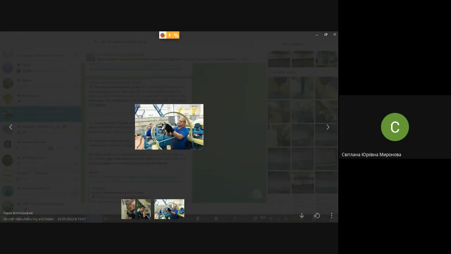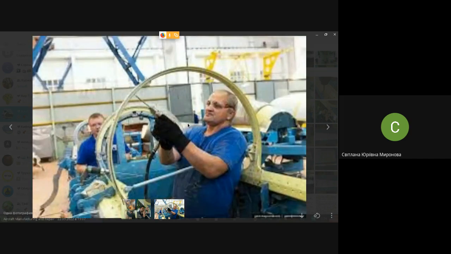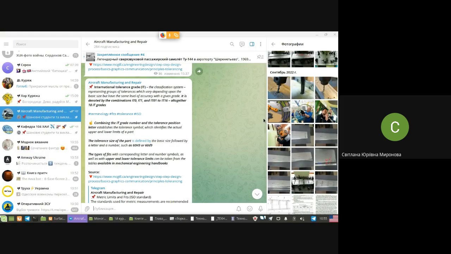Parts are thin, parts are non-stiff, and using an assembly technique relying on the accuracy of these parts themselves is certainly not possible because parts may change shape and sizes under their own weight, and moreover when you apply additional loads like this. This man is drilling something, in another place someone is riveting something, even elementary things like clamping the parts already distort the shape and sizes of these parts.